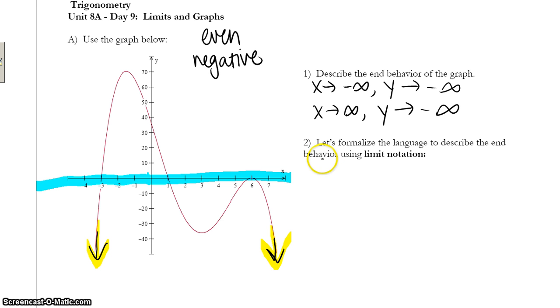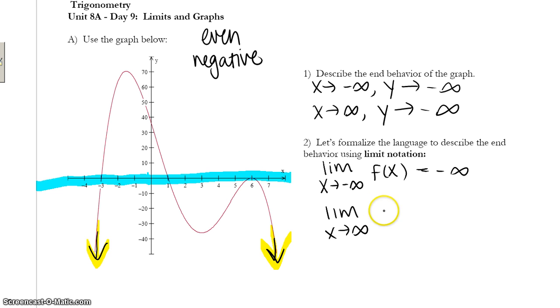So we write this as the limit as x approaches negative infinity, f of x approaches negative infinity. And the limit as x approaches positive infinity, f of x approaches negative infinity. So again, finding the limit and end behavior are the same thing.